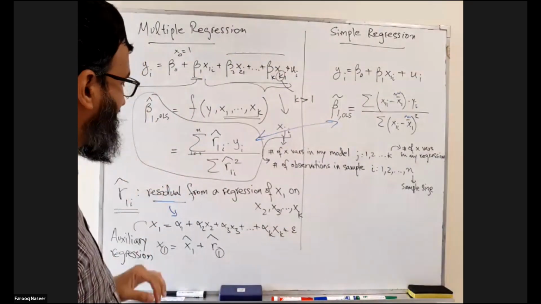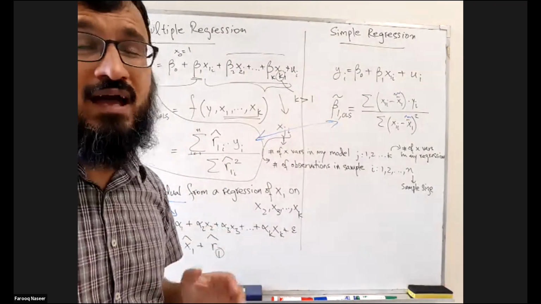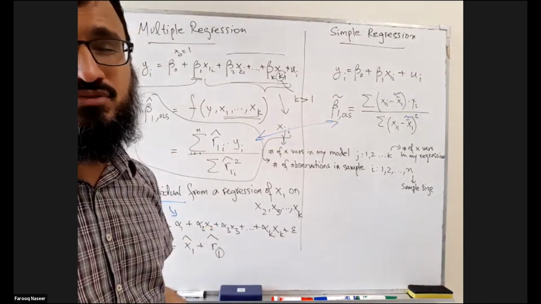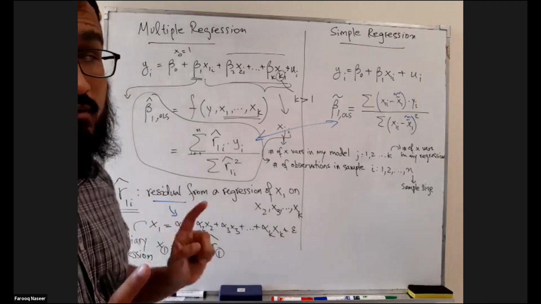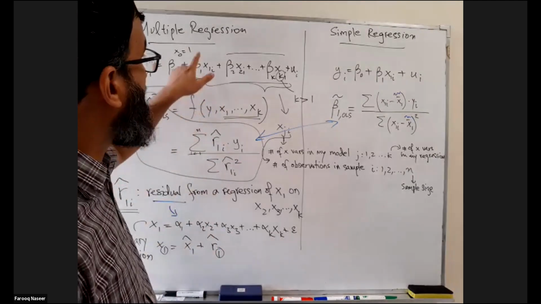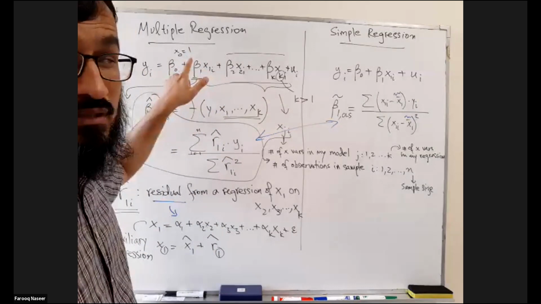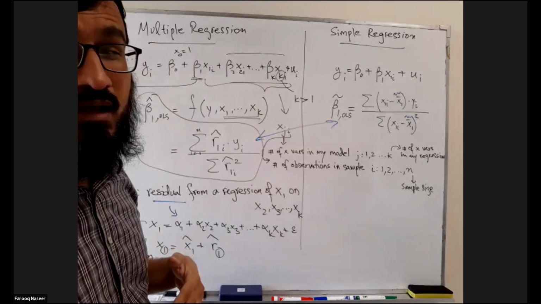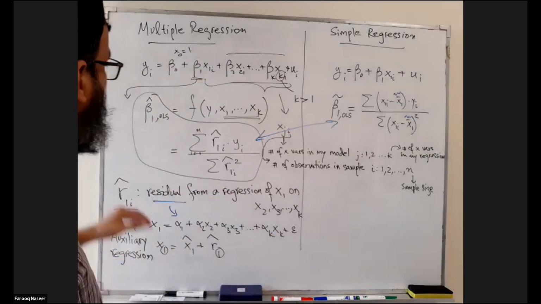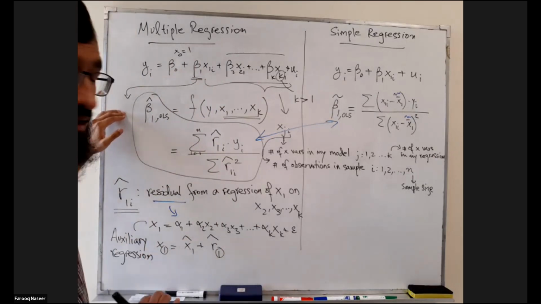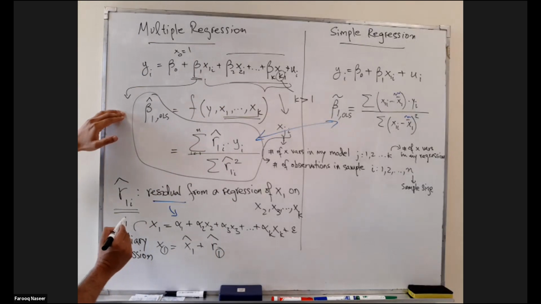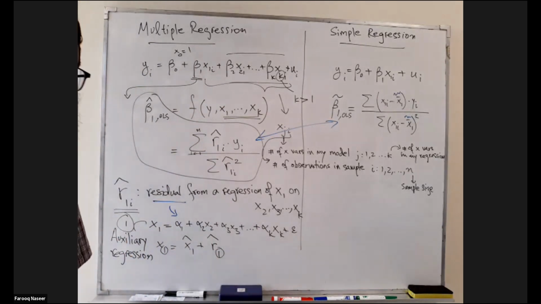So the multiple regression coefficient beta 1 can be obtained as a two-step procedure. In the first step, you run this auxiliary extra regression, whose alpha coefficients we have no interest in.